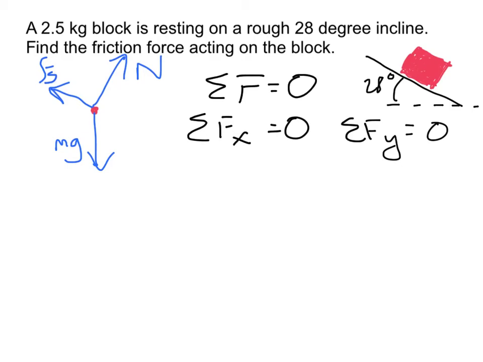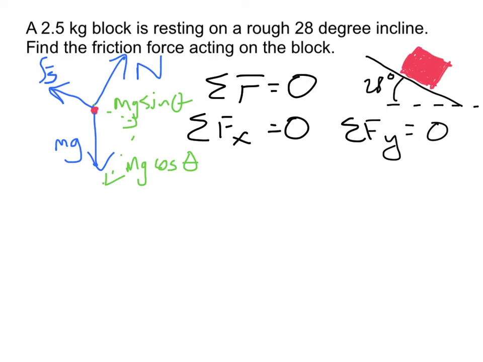Remember that the weight has two components. It has an x component and a y component: mg sine theta and mg cosine theta. You'll get used to these. It just takes a little practice. So the friction, you'll notice, is acting in the x direction, parallel to the ramp.